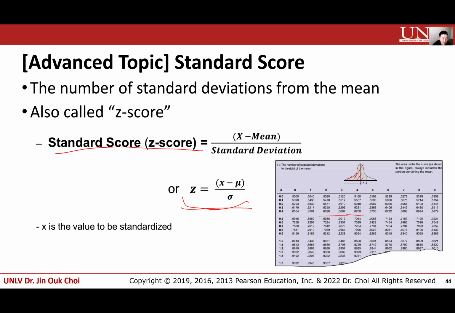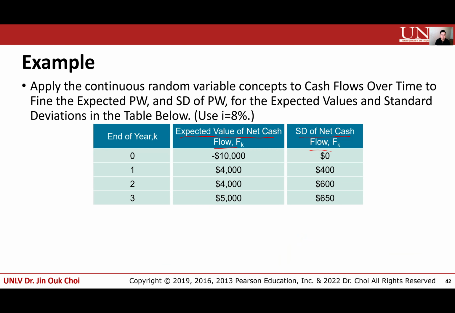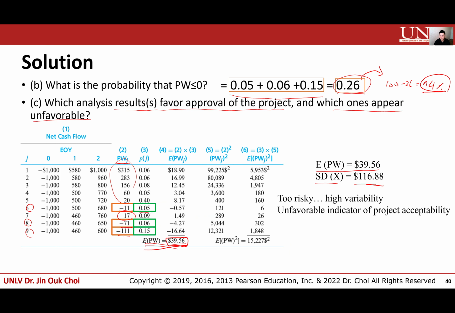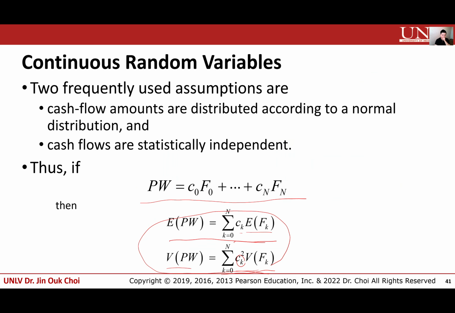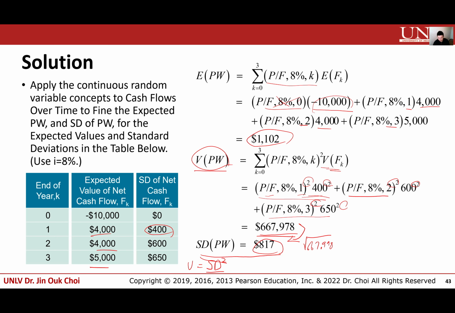As I have been asked in the past, how can we use the standard deviation and mean to check, instead of just making a very rough decision like this with knowing the expected value and the standard deviation? Also, similar to what we have just found, what do we mean by an expected value of $1,100 and a standard deviation of $817? What do we mean by that?